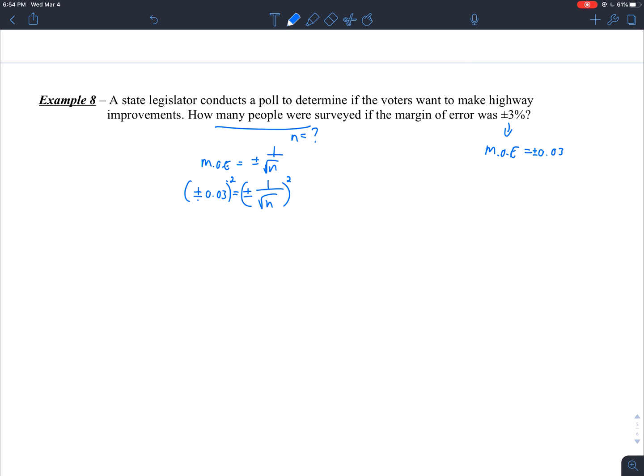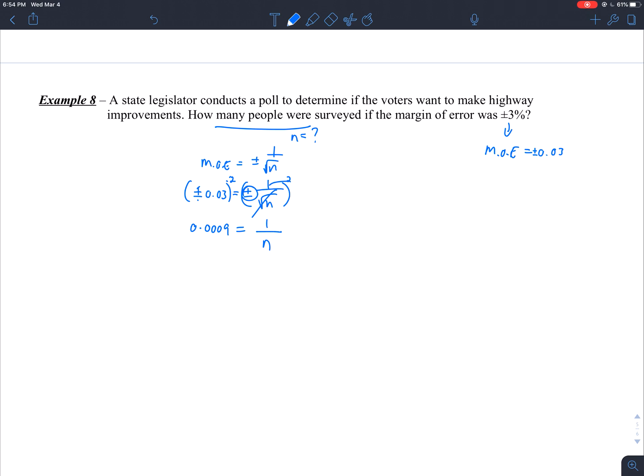The square of a negative is positive, and the square of a positive is positive. So I just get this number, 0.0009. And then 1 squared is 1, and 1 over root n squared cancels the root, so I get this.